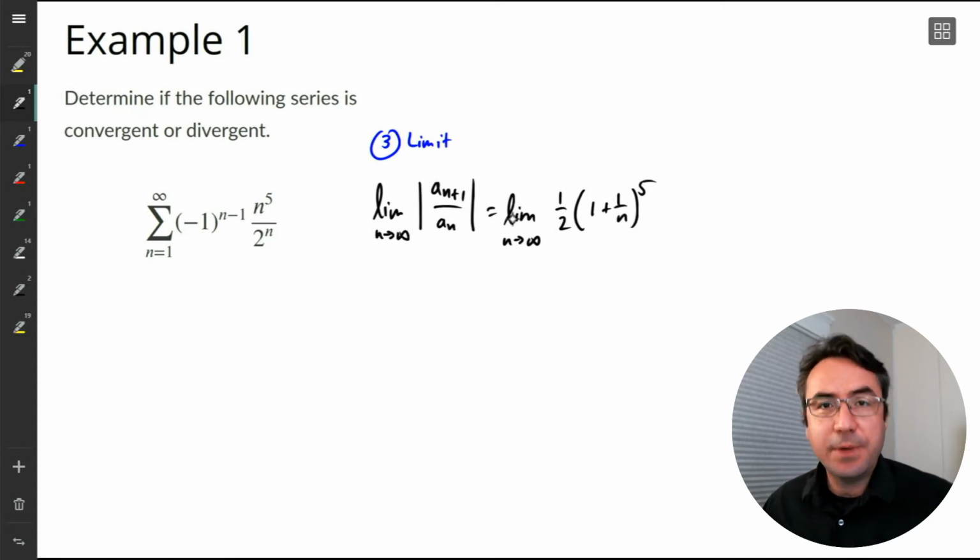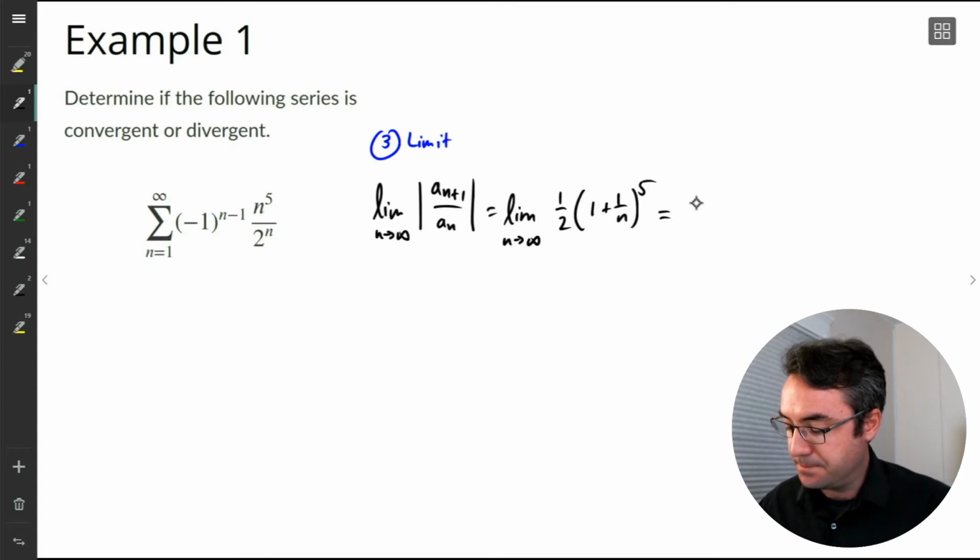All right, so now we can actually calculate the limit. We know this raised to the power 5 function, power functions, are continuous. So we can bring this limit inside the continuous function.